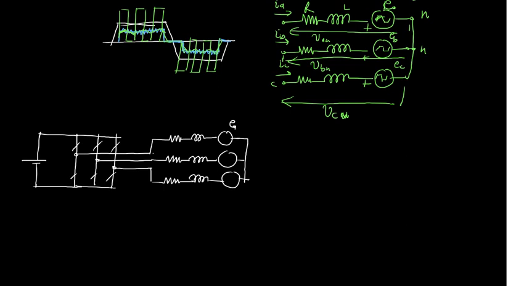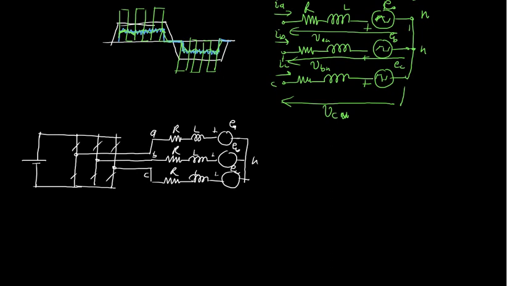This is EA, this is EB, this is EC, this is the neutral point. This is RL, RL, RL. These are terminals A, B, and C.